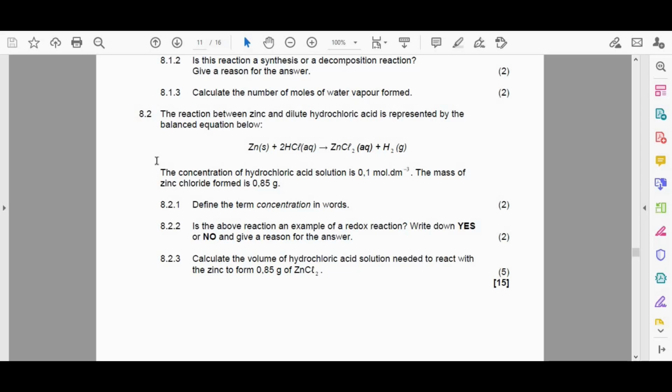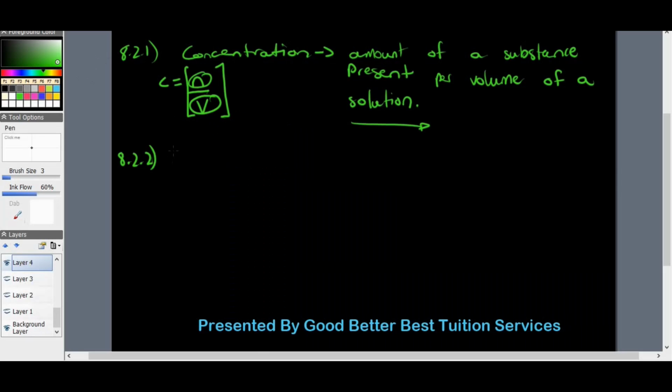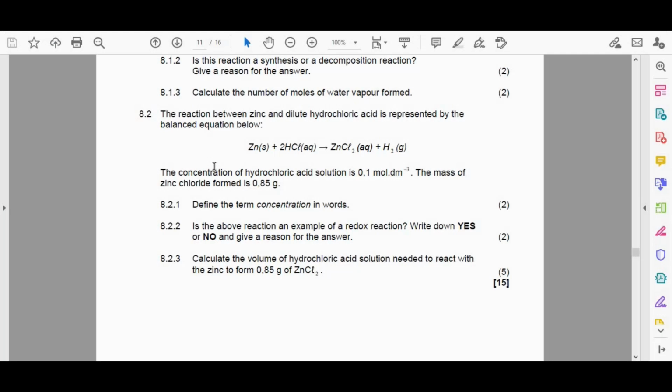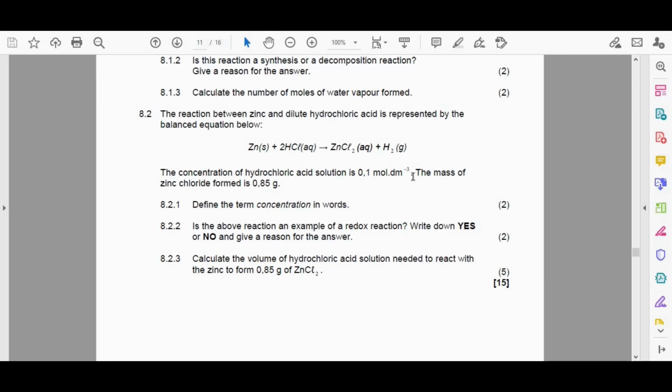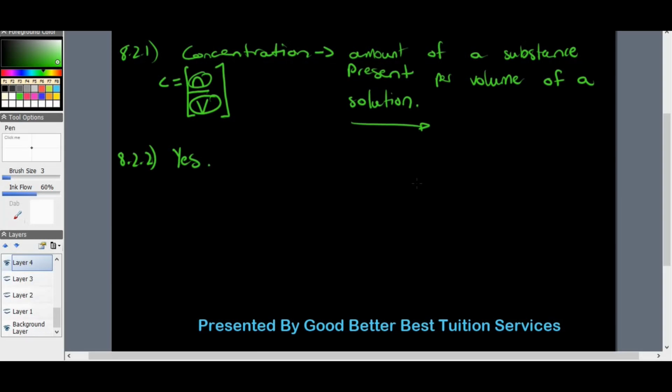Anyway, is the above an example of a redox reaction? The answer is yes, it is, and I'll explain why. An electron transfer does take place between the reactants, or the charges of all the atoms in the reactants and the products do change. This comes back to oxidation numbers. If we count the oxidation numbers across each of these, we'll find that they actually do change.